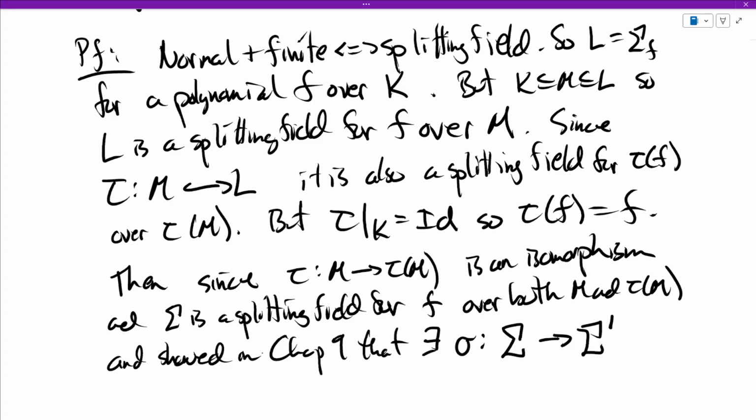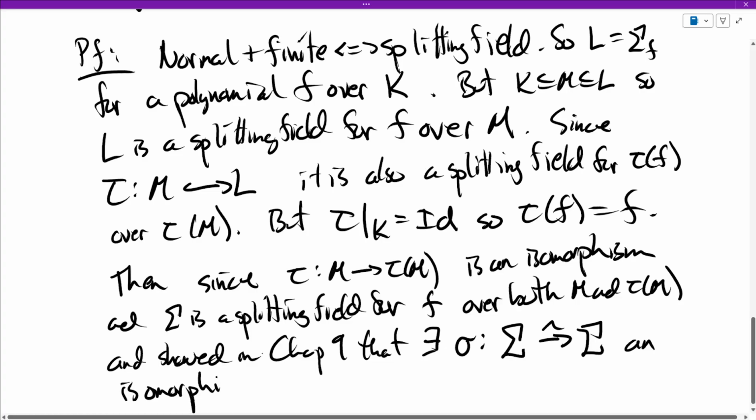But the polynomial f is the same, so sigma and sigma prime are the same thing. And this is an isomorphism. This was proved in chapter 9. I encourage you to go back and look at it.